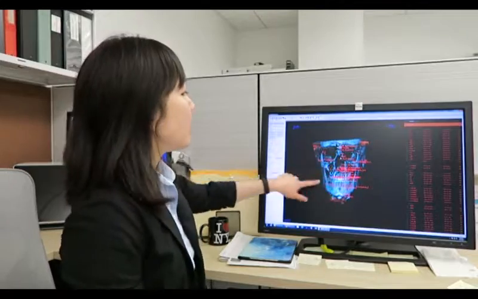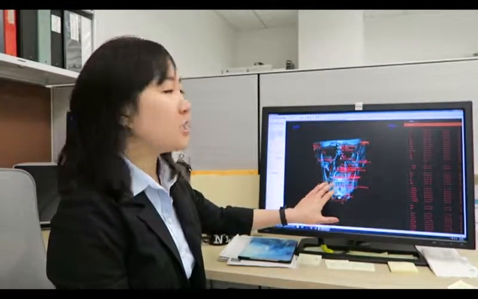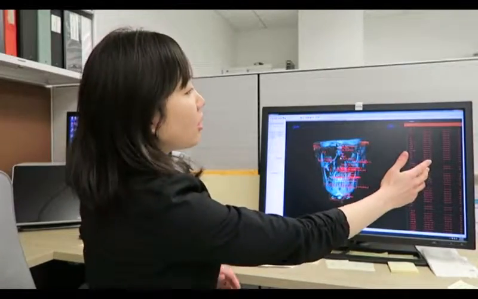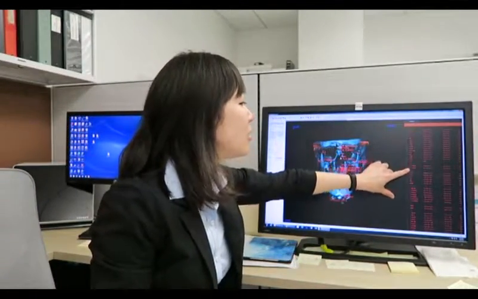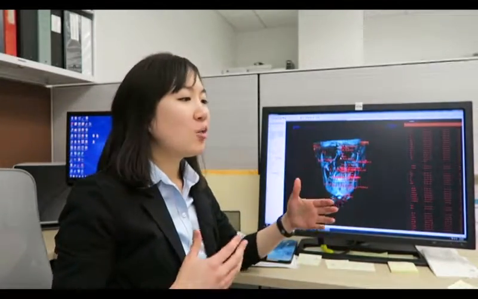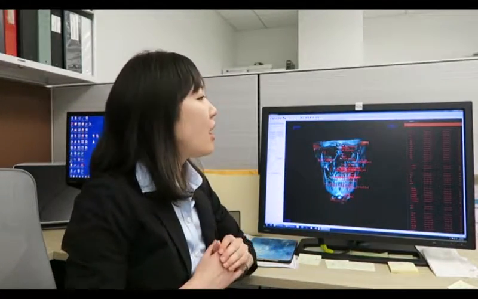So here are all the landmarks located in the red on the screen. It's very small, I know. And on the right hand side here, in very small red font, here are all the different values I want to look at, all the different linear and angular three-dimensional measurements that I want to evaluate and understand where this is coming from and where the effects are coming from.